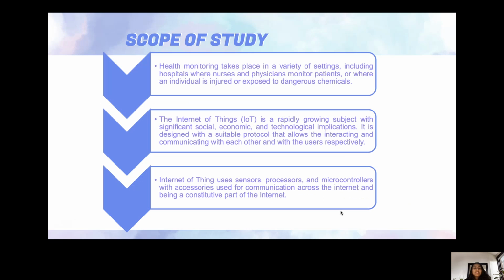Moving forward, this is my scope of study, where health monitoring takes place in a variety of settings, including hospitals where nurses and physicians monitor patients, or where an individual is injured or exposed to dangerous chemicals. The IoT, Internet of Things, is a rapidly growing subject with significant social, economic, and technological implications.